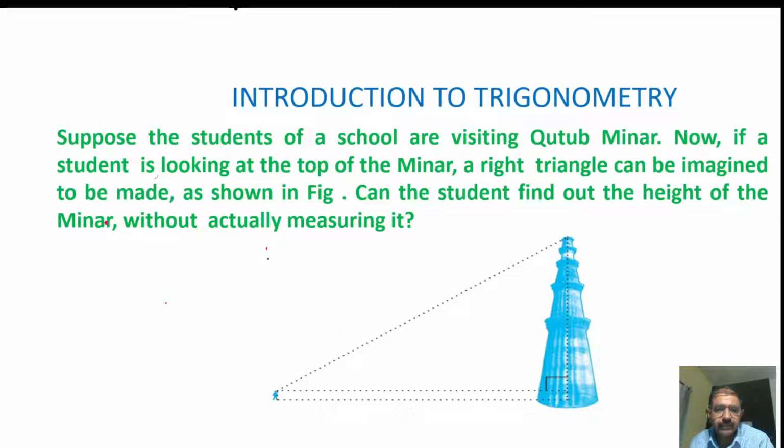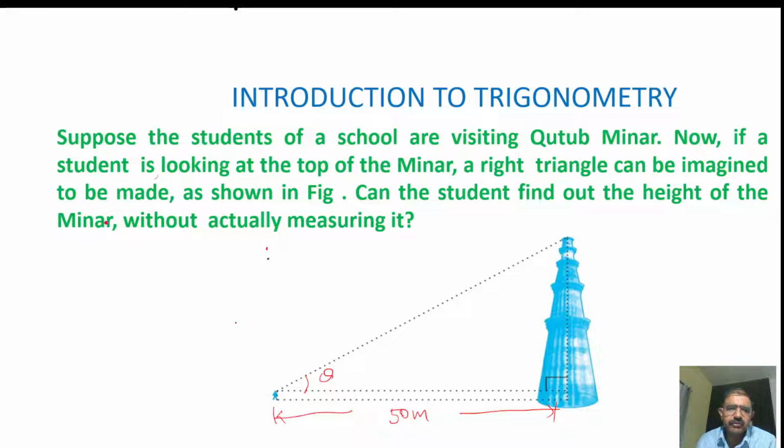Basically, if we take the example, suppose this angle is known to us. Suppose this angle is theta. And we can find out how far from the bottom of the minar the student is standing. Suppose he is standing 50 meters away. Certain trigonometric ratios are there.